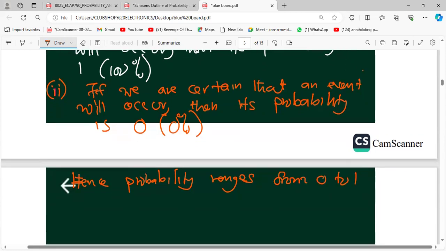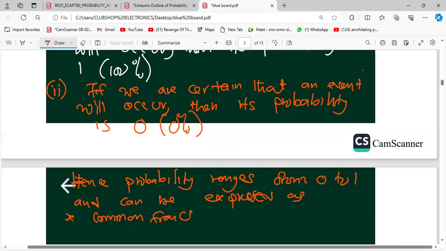That can be expressed as a ratio, and can be expressed as, number 1, a common fraction, e.g., maybe 3/4.